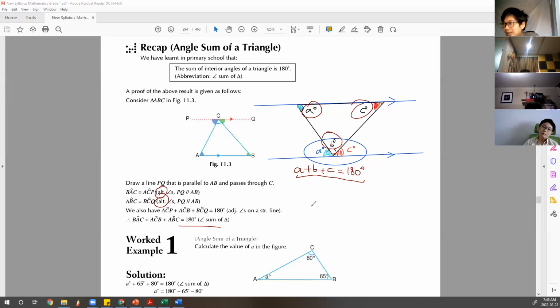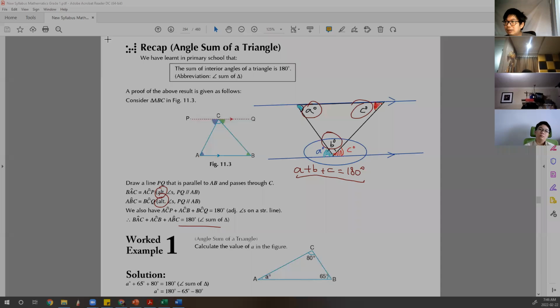So make sure that for every triangle, be it scalene, obtuse, right angle, acute, isosceles, or equilateral, every kind of triangle adds up to 180 degrees because they are proven like this, alternating.